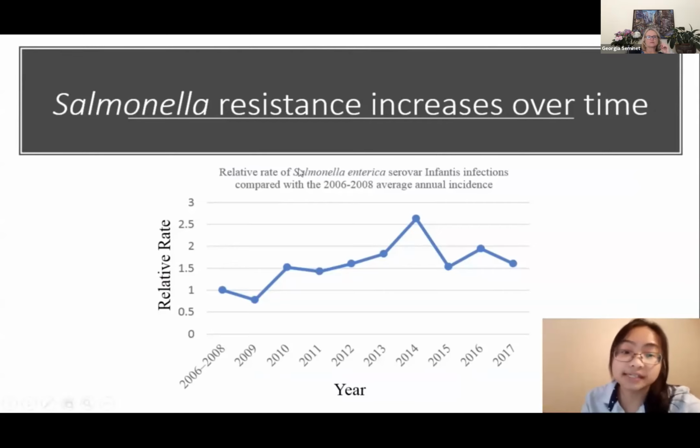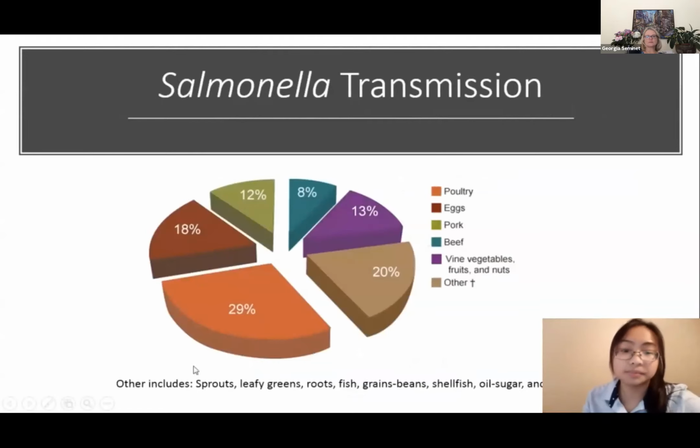In the S. Infantis that has been found to be multiply antibiotic resistant, this graph shows the relative rate in which a 1 indicates no change in rate and a less than 1 is a decrease, while a greater than 1 is an increase. So this shows an increasing trend since 2006.